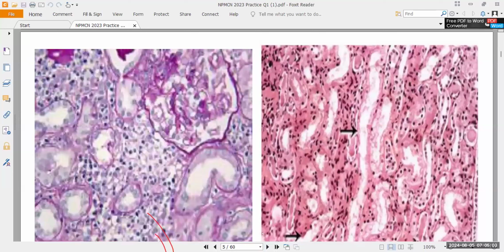This is a better slide showing a marked dilatation of the tubules. You can see that the glomerulus is spared here, and the space in between the tubules is the interstitium. We can see some areas of interstitial sclerosis from this slide. So it's more in keeping with tubulointerstitial nephritis.